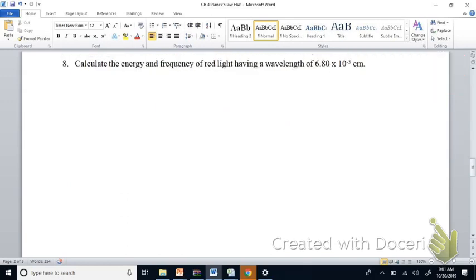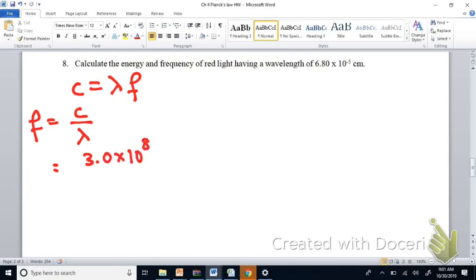Okay, let's move on to question 8, and this is very much like questions 3 and 4 that we did on the previous video. I'm going to calculate the frequency first with the relationship c equals lambda f. So frequency is c divided by wavelength, which is 3.0 times 10 to the 8 meters per second.